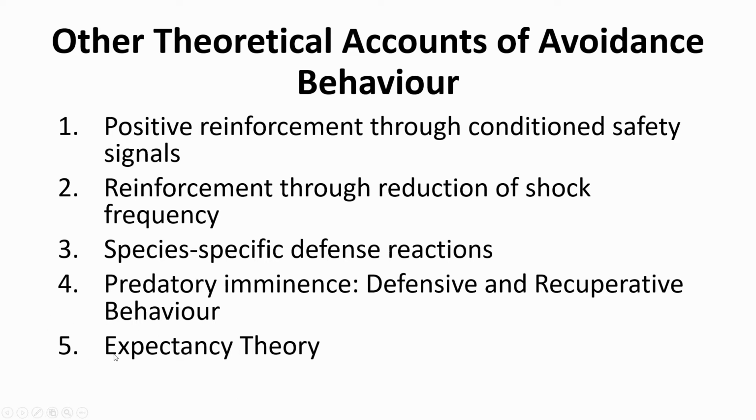Whereas expectancy theory takes us in the other direction. Researchers that work with expectancy theory start looking at what organisms come to anticipate or expect. So there's some kind of thought process involved when you evaluate things with expectancy theory.